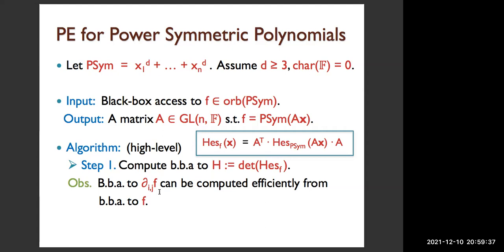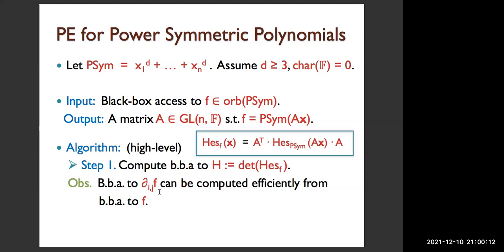Just to give you an example, let's say I'm given black box access to F. I want black box access to the derivative of F with respect to some specific variable X. What I do is I pretend that F is a univariate polynomial in the X variable, whose coefficients are polynomials in the remaining variables. So you first interpolate these coefficients. You can just plug in different values in place of the X variable and interpolate the coefficients.